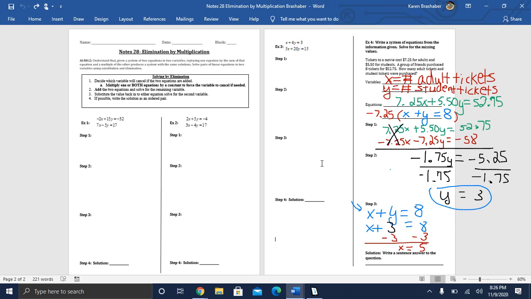And then finally, you have to answer the question that is asked. The question that was asked is how many adult tickets were sold and how many student tickets were sold. So they purchased 5 adult tickets and 3 student tickets.